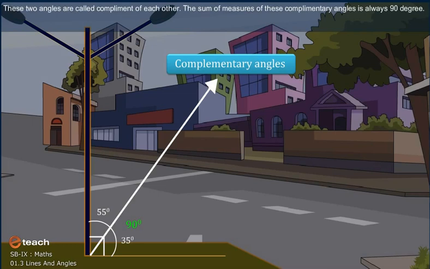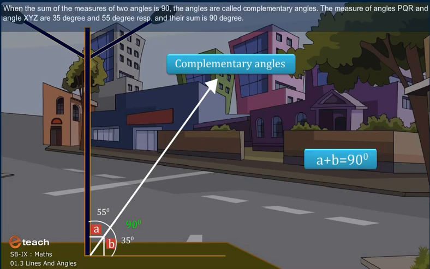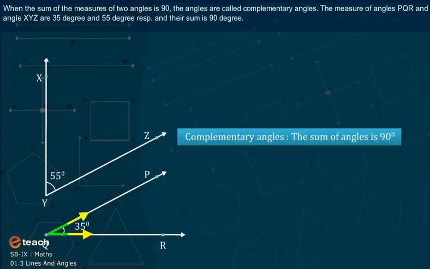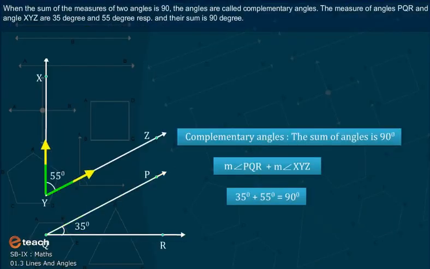These two angles are called complements of each other. The sum of measures of these complementary angles is always 90 degrees. When the sum of the measures of two angles is 90 degrees, the angles are called complementary angles.